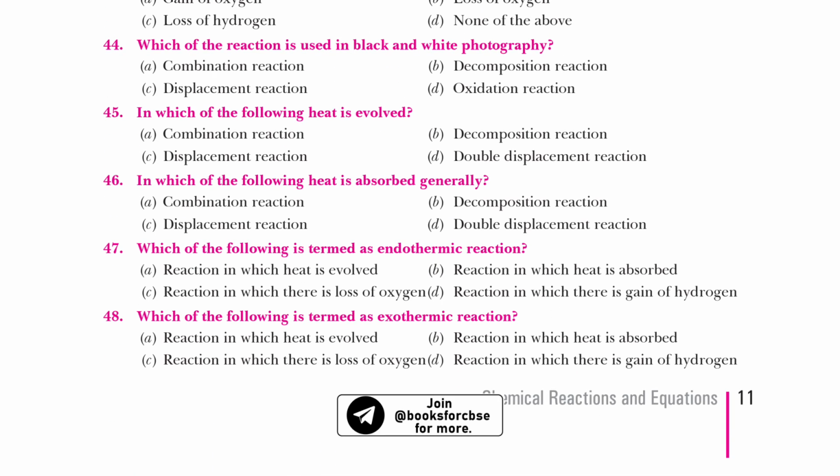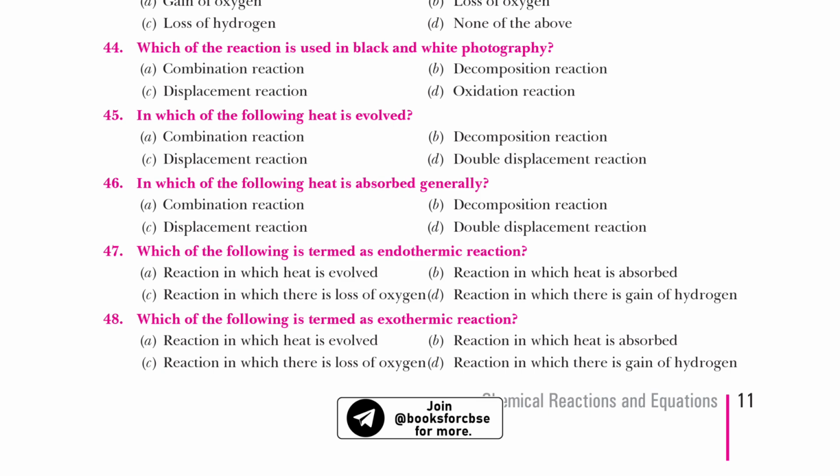Question number 47. Which of the following is termed an endothermic reaction? Endothermic reaction is one in which heat is absorbed. Clear, students? So option B1 is correct in the 47th question. 48th question. Which of the following is termed an exothermic reaction, in which heat is evolved?